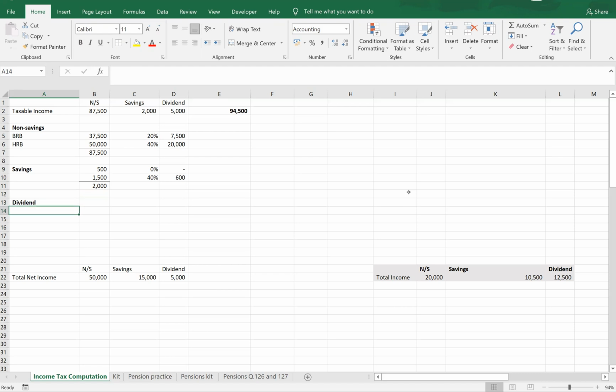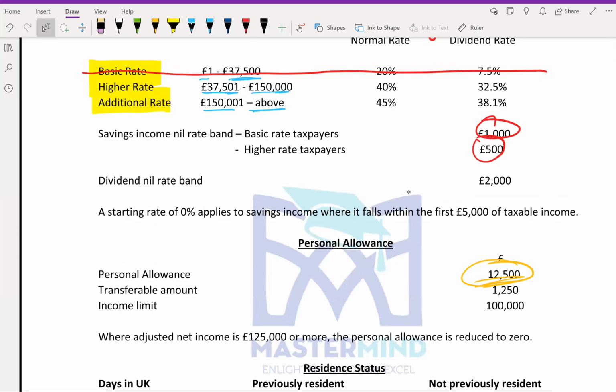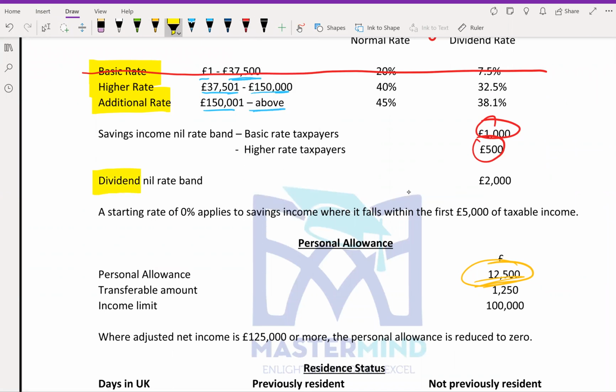And finally, what does the law say about dividend income? Dividend nil rate band £2,000. Does HMRC distinguish between basic rate, higher rate, additional rate when it comes to dividend income?